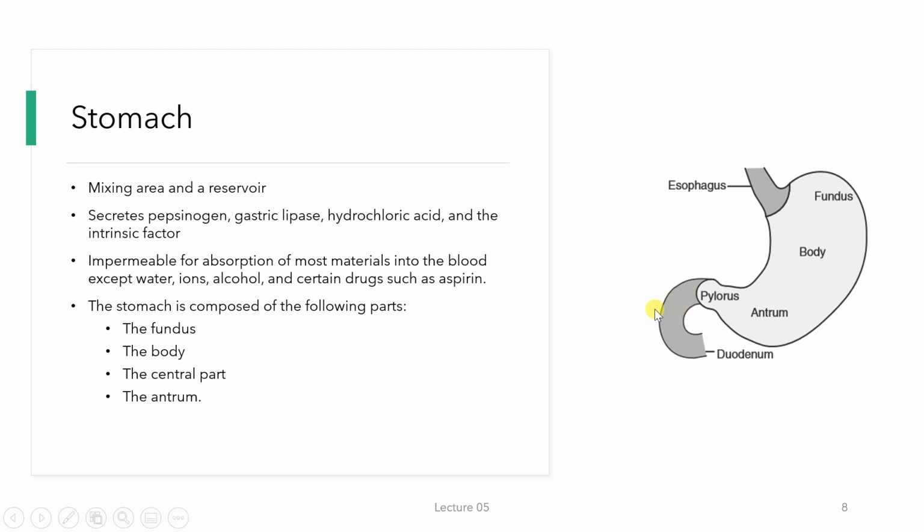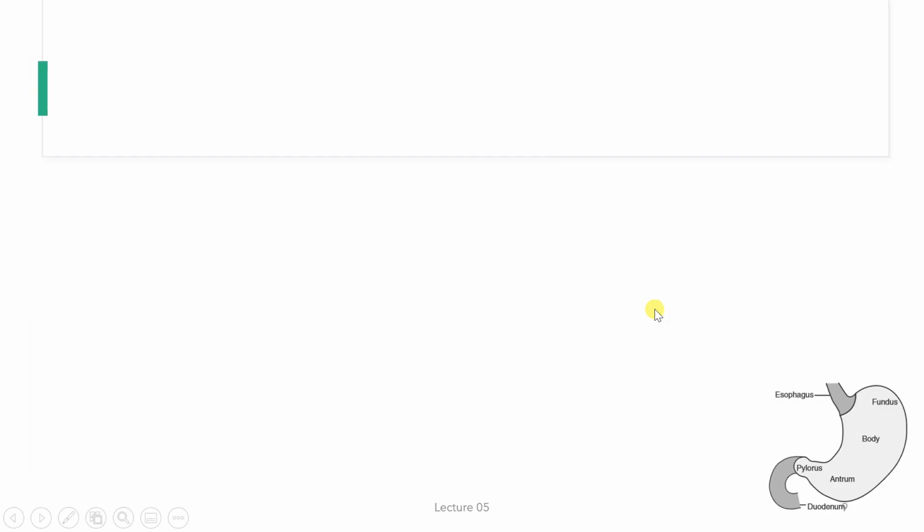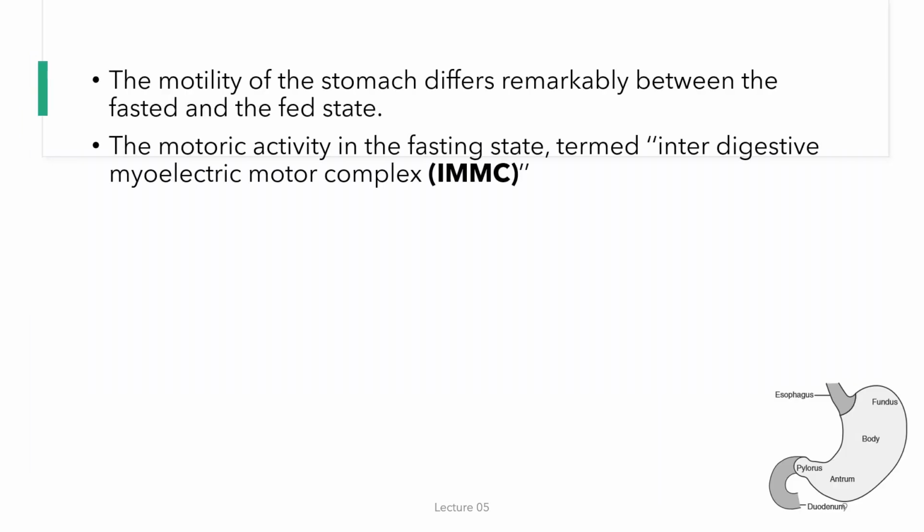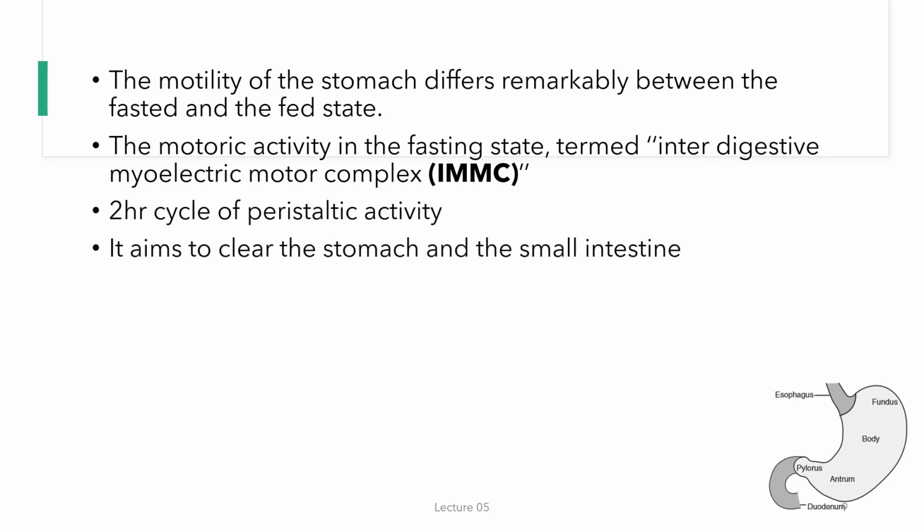The motility of the stomach differs between the fasted and the fed state. The motoric activity in the fasting state is termed the interdigestive myoelectric motor complex. In simpler words, we say IMMC. It is a 2-hour cycle of peristaltic activity that is generated in the stomach and progresses towards the ileocecal junction.